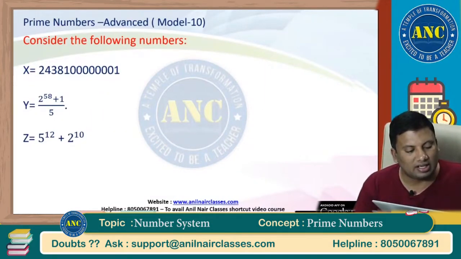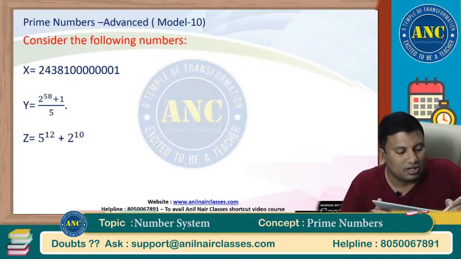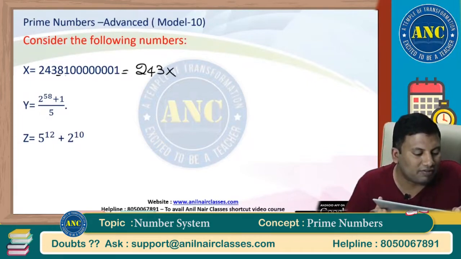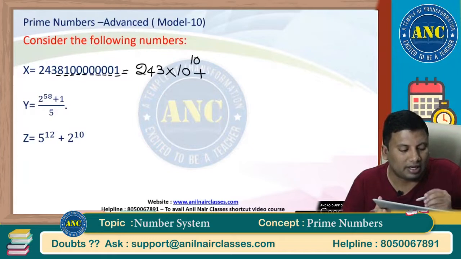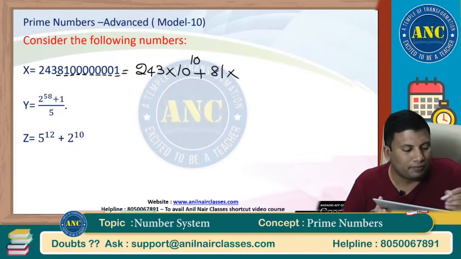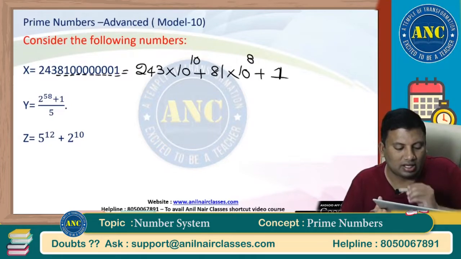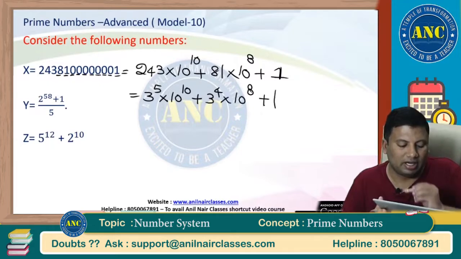Now see, consider the following numbers. Are they prime or composite? These are nothing but 243 into 10 power 10 plus 81 into 10 power 8 plus 1. How many digits are there after 243? 1, 2, 3, 4, 5, 6, 7, 8, 9, 10. This is 3 power 5 into 10 power 10, plus 3 power 4 into 10 power 8, plus 1.